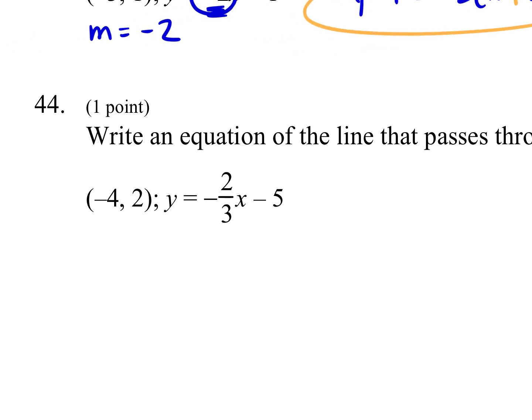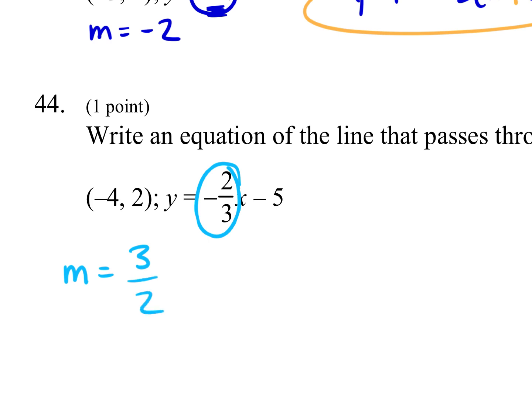So what's my slope here? -2 over 3. So my new slope is going to be the opposite reciprocal of this. So this one's negative, so my new slope is going to be positive, and since it's 2 over 3, I flip it and make it 3 over 2. So you just have to change it to the opposite reciprocal.